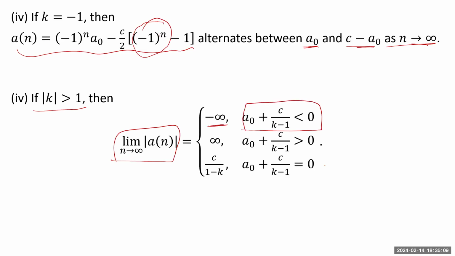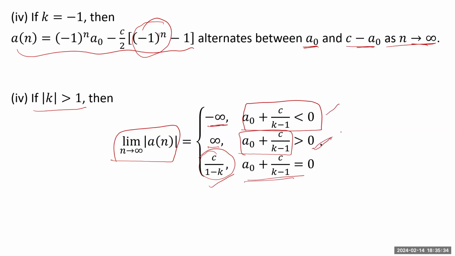right? Because this is the right-hand side value of the solution, and infinity if this value is greater than 0, and if it is equal to 0, that value is c over 1 minus k. See here, in some cases there are finite values, and in some cases the solution is unbounded, right?